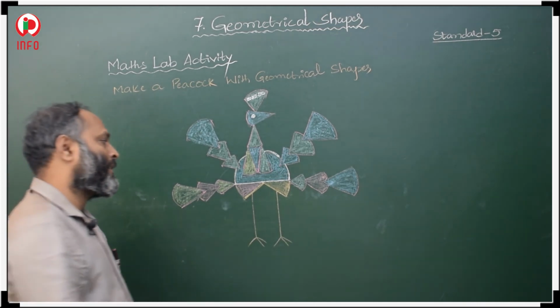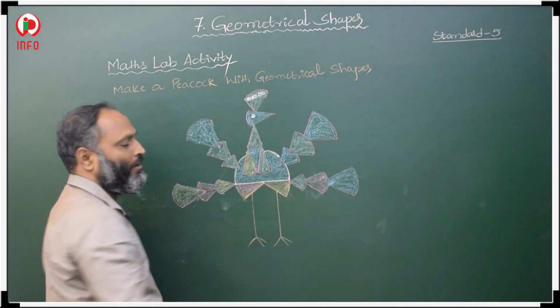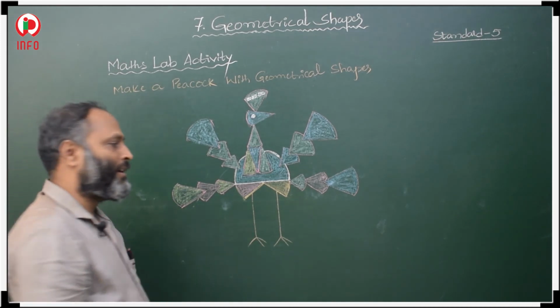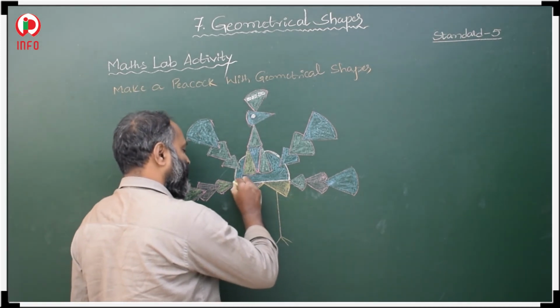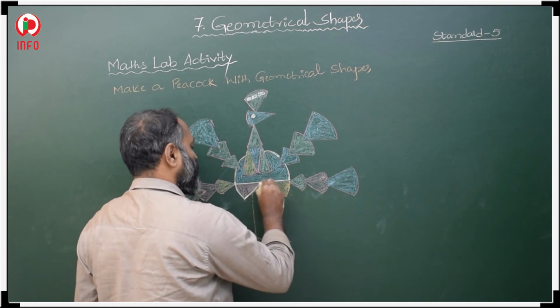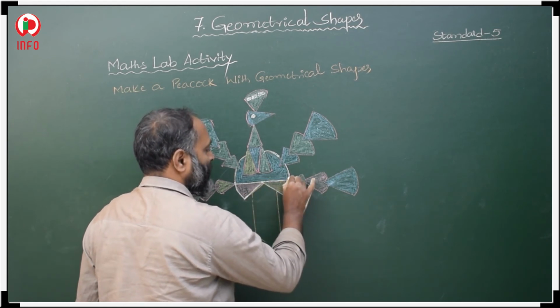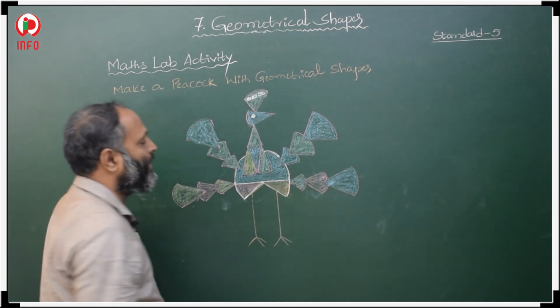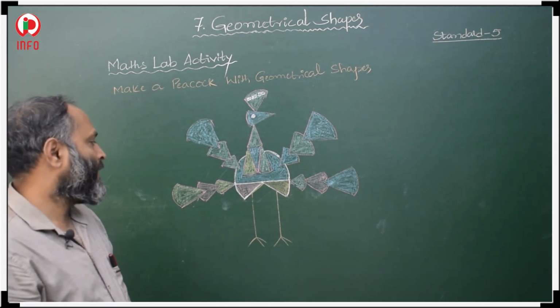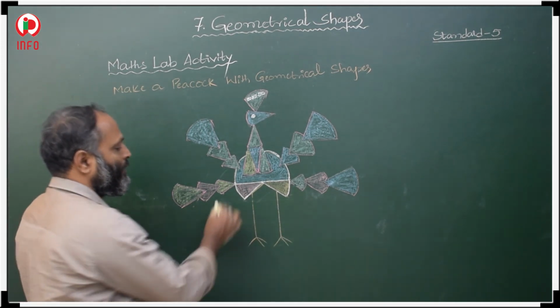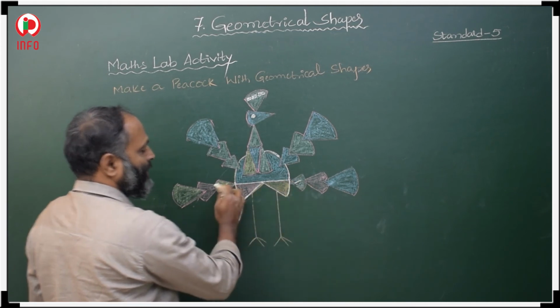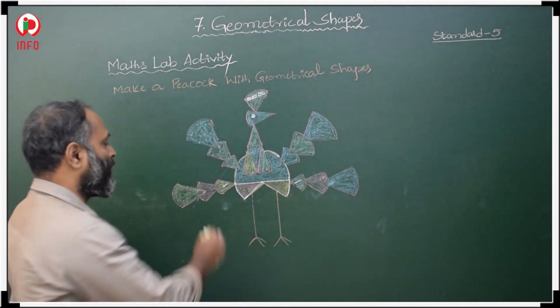Then after that, two congruent sectors you have to cut. This is one congruent sector, so you cut the same similar congruent sectors. Then again you cut two congruent sectors and paste them here.